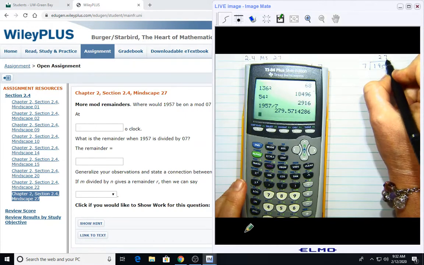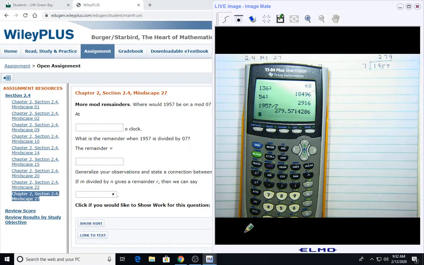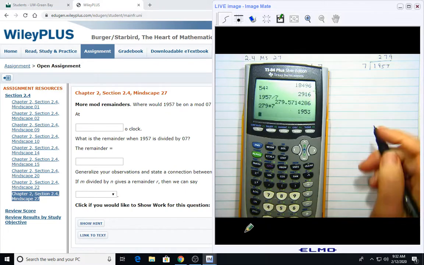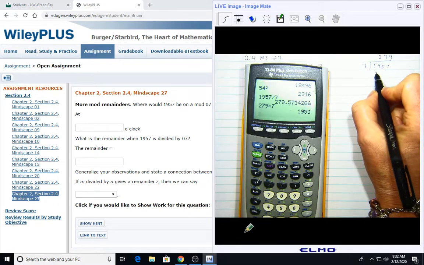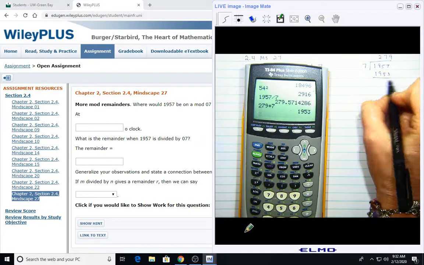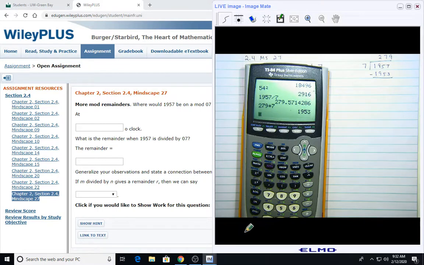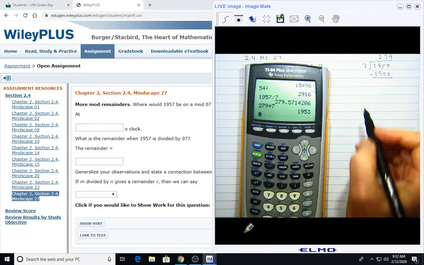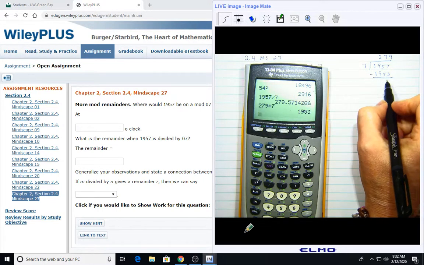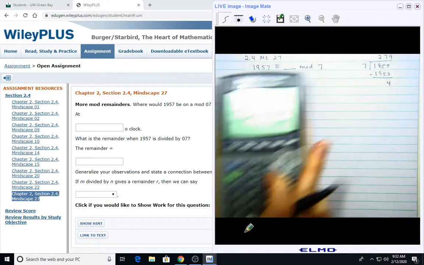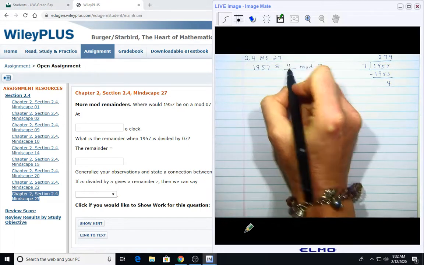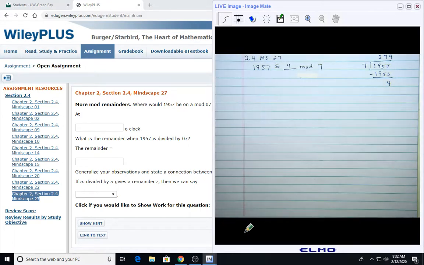So I want the whole number part. Okay, so 279, because that tells me how many times 7 goes into 1,957. And now I multiply the 279 times the 7. So if I take away 279 multiples of 7 from 1,957, I'm left with 4. So that's my remainder, and 4 is the number that they're looking for there.